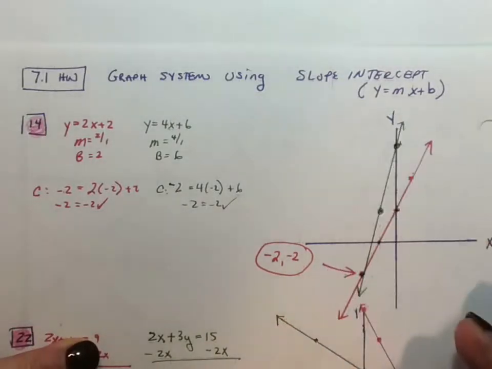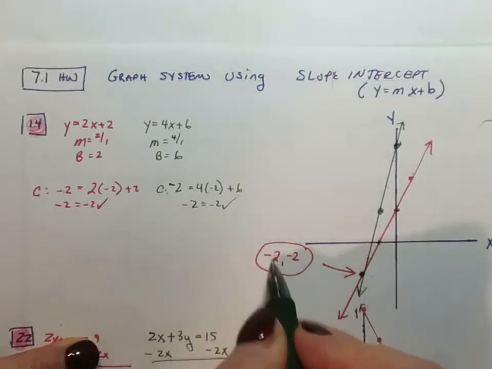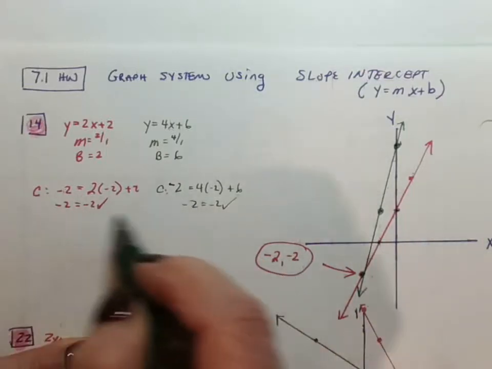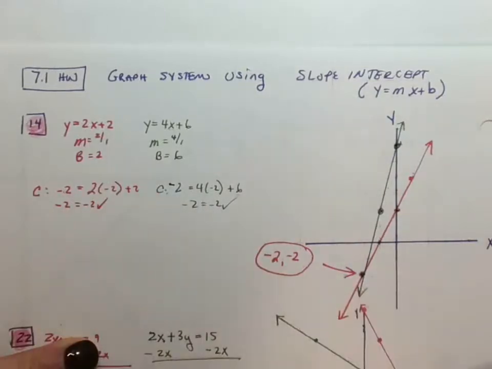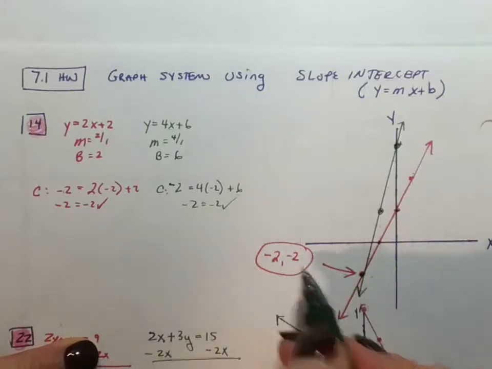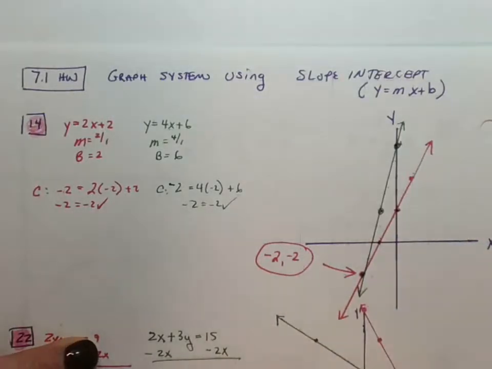Make sure when you do your graphs, you label the x and y axis. When you get your solution, you check both equations in the original to make sure that negative 2, negative 2, that ordered pair, is actually the solution.